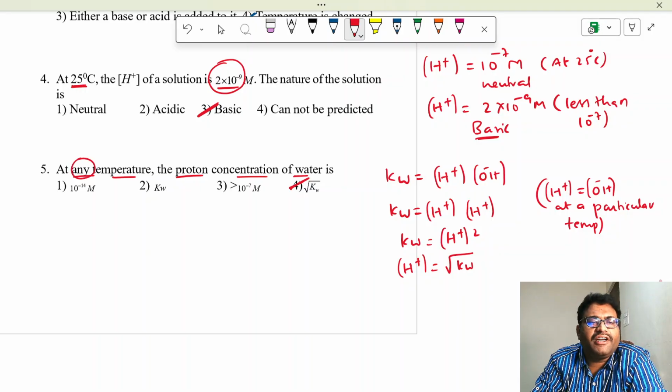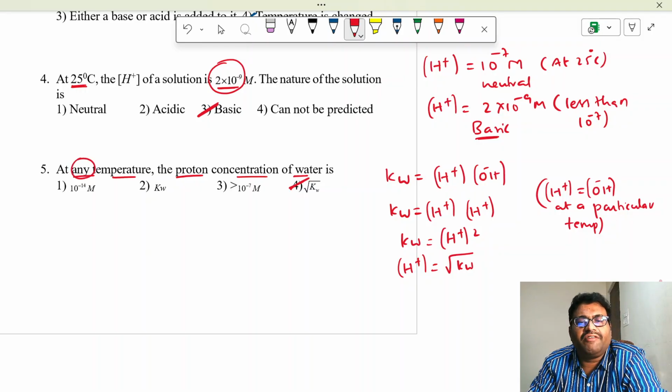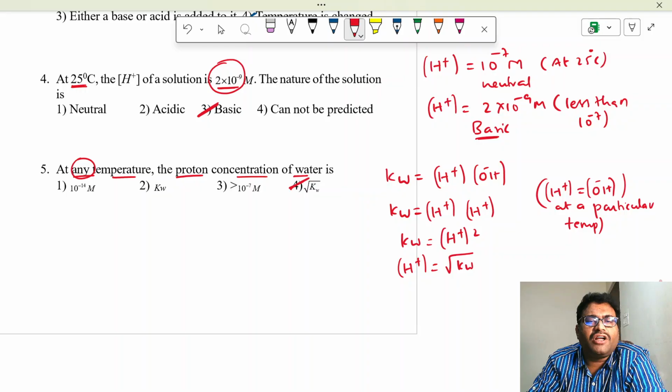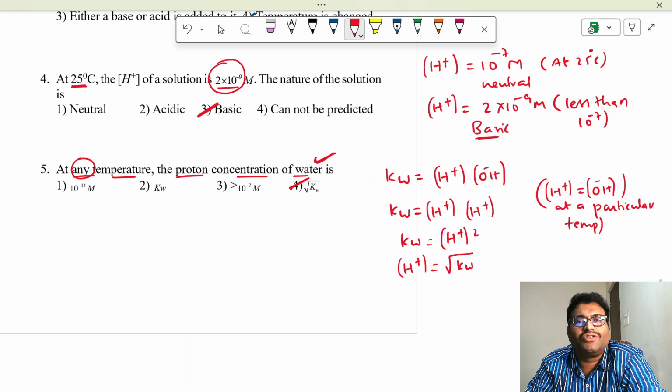So you are finding root Kw. At any particular temperature, whatever the temperature it is, H plus ion concentration will be equal to OH minus ion concentration for proton concentration of water. He is asking only water, he is not asking any solution, acidic solution or basic solution. He is asking only water.